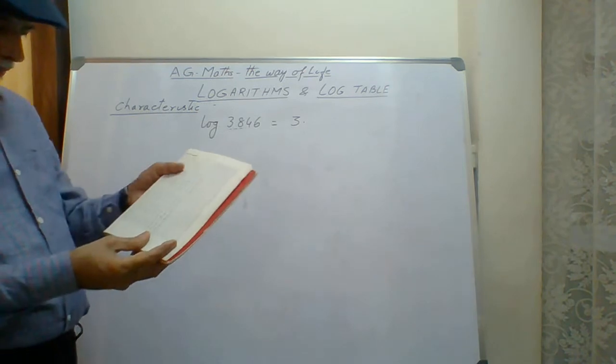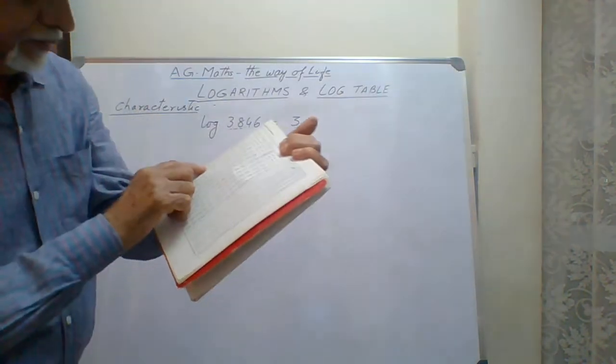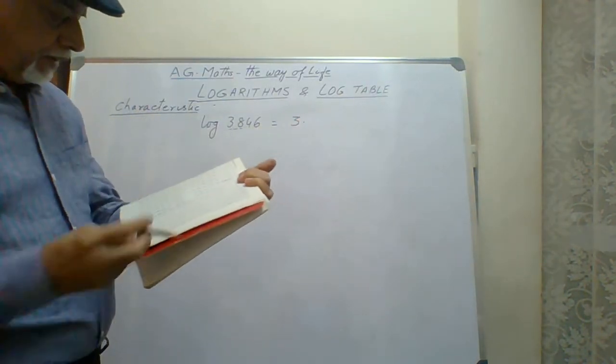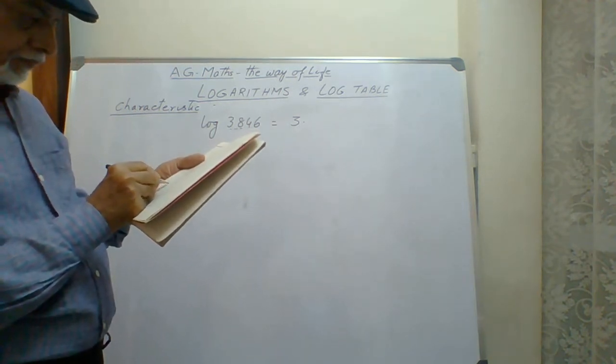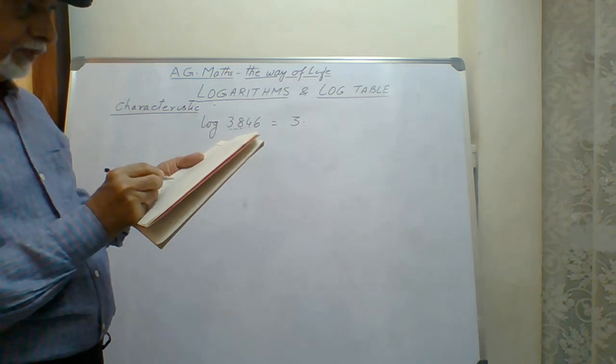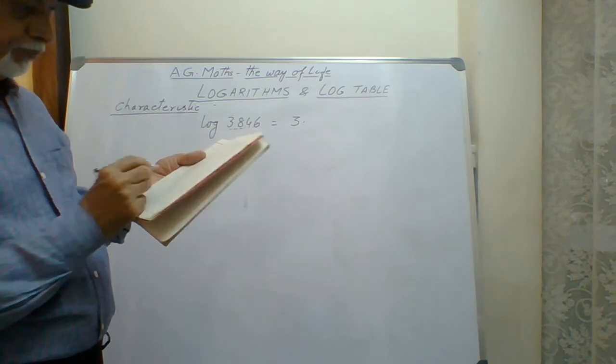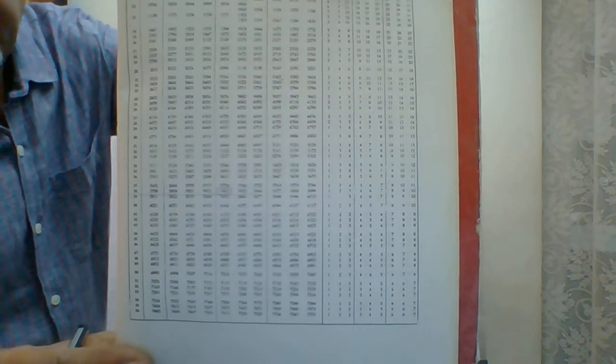See here, we have the log table, and in this the first column is the X column. Go to 38. I will simply underline this so you understand, and go to read the fourth value. See here, with pencil I have underlined 38, and go to read under column 4.